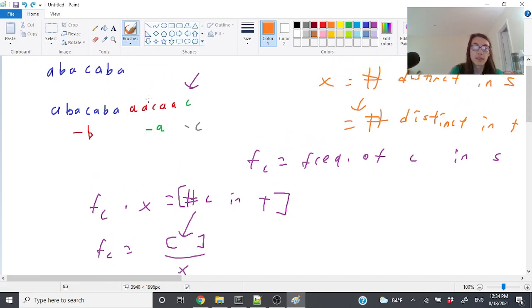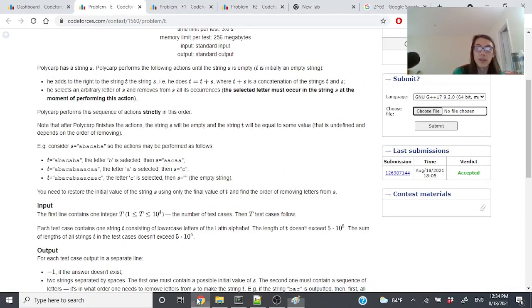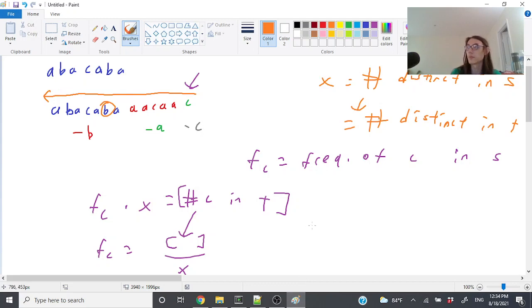Okay, yes. So we go backwards through the string. The strategy for finding the order, because of the way this works, is that every time we find a new character going backwards, we know that was the previous character that was removed.